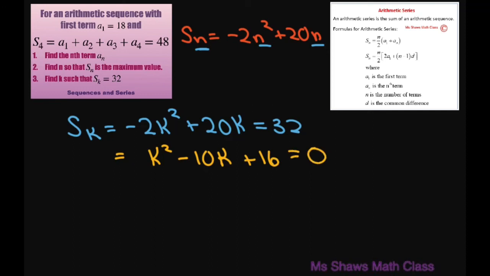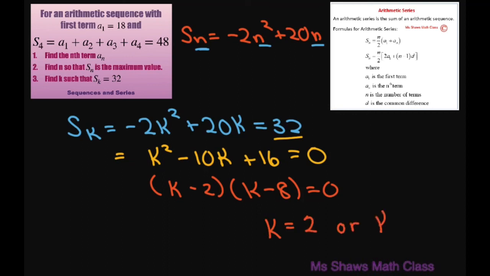I divided everything by negative 2, and then I added the 16 to both sides. Now factoring this, we get k minus 2 times k minus 8 equals 0. Therefore, we can find k. We found two k's: k can equal 2 or k can equal 8.